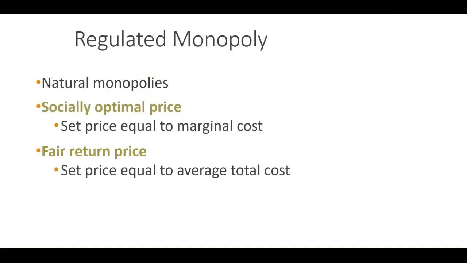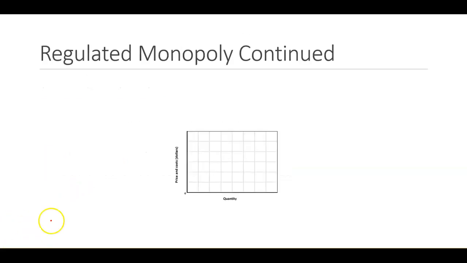We do have some monopolies that are regulated, principally utilities. And also, of course, the Department of Justice does look into monopolies that have undue market power. So they look at setting a socially optimal price or a fair return price, especially with utilities, because those are needed products.